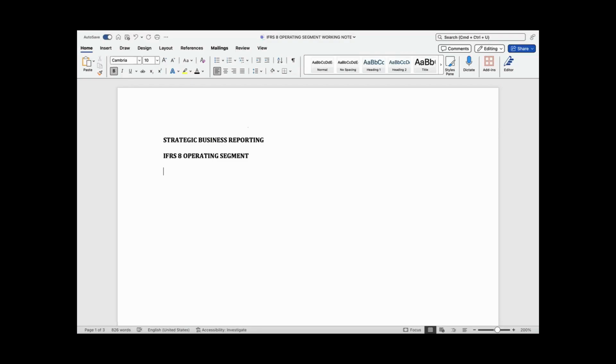And this segment information is necessary for them to be able to make decisions around which segment is performing and which segment is not performing.